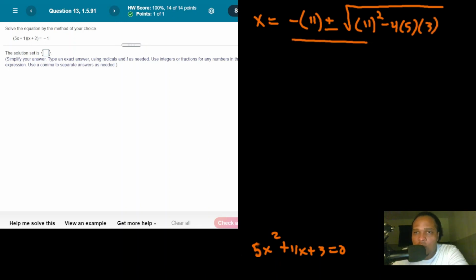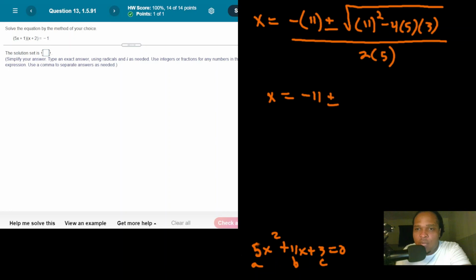You divide all of that by 2 times whatever your a is. Remember, I'm getting all of that from here. This is your a, this is your b, and this is your c, and that c is a 3, not a 5. Where did I get 5 from? Oh, yes, a is 5. I'm good. I'm right. I'm correct. Anyway, let's keep going.